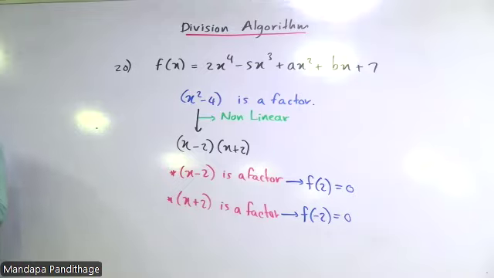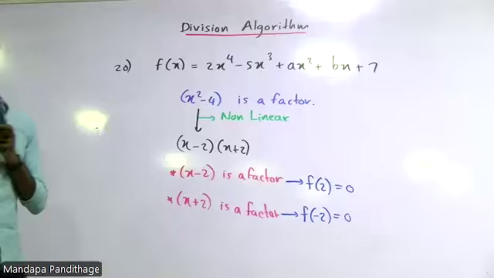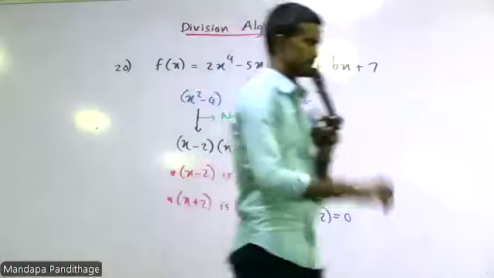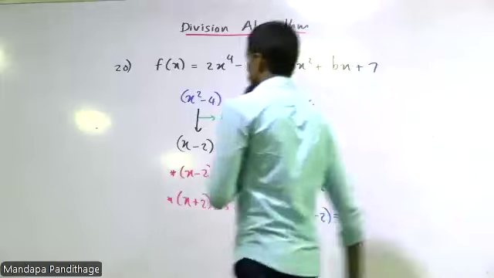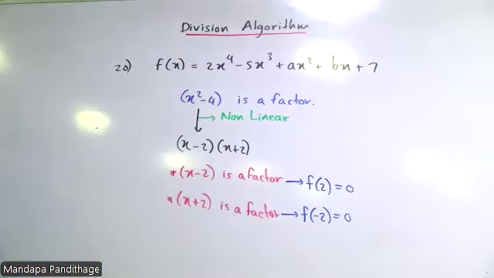Okay, do question number 21. You can use any method. You can use the convenient way, so it's up to you. Silence, please. Question number 21. Either you can use the division algorithm or this one that we just learned.